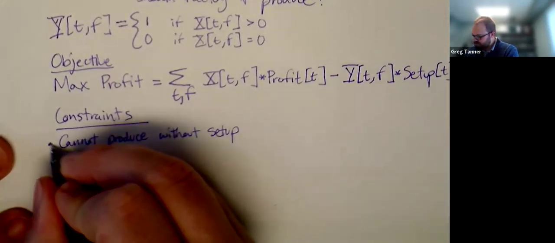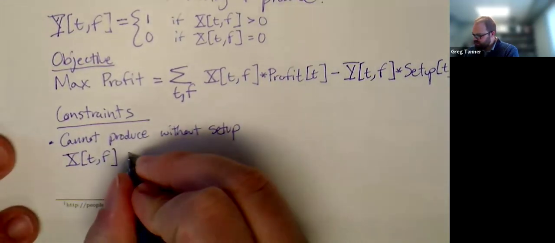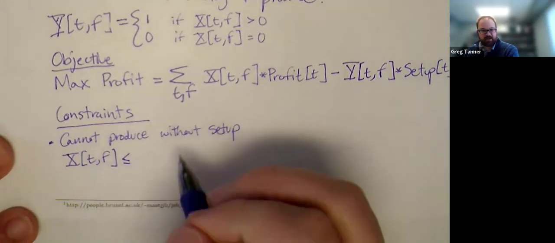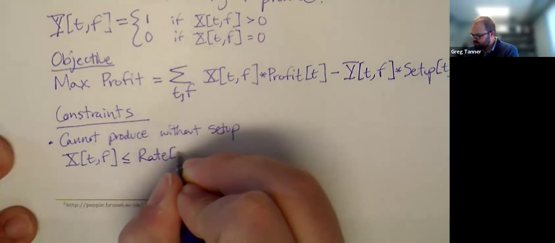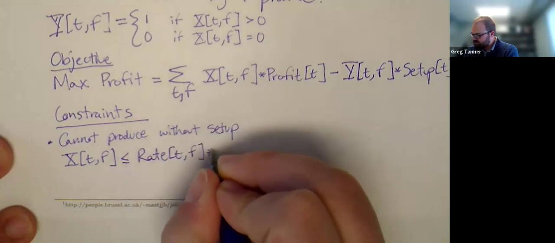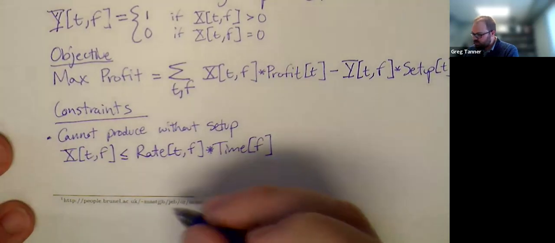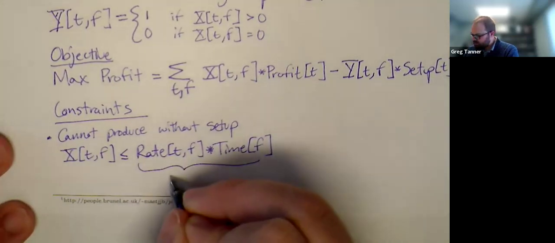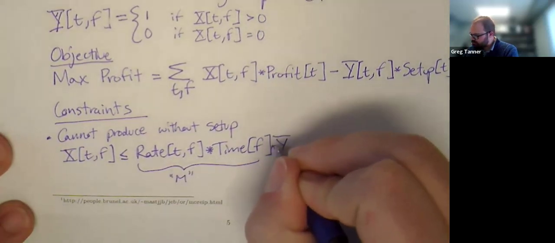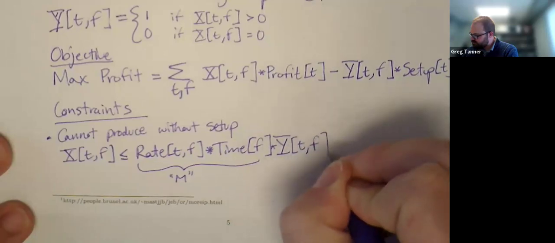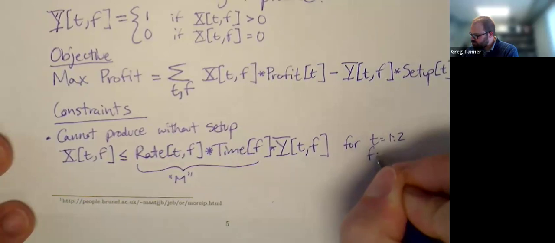Okay. And so that's going to be implemented as XTF is contingent on Y. And so we'd say that's less than or equal to some constant times Y. That constant is going to come from our parameters of rate TF times time at factory F. Okay, that's playing the role of our big M. Okay, and that's going to be multiplying by YTF for T equals 1 to 2 and F equals 1 to 2.